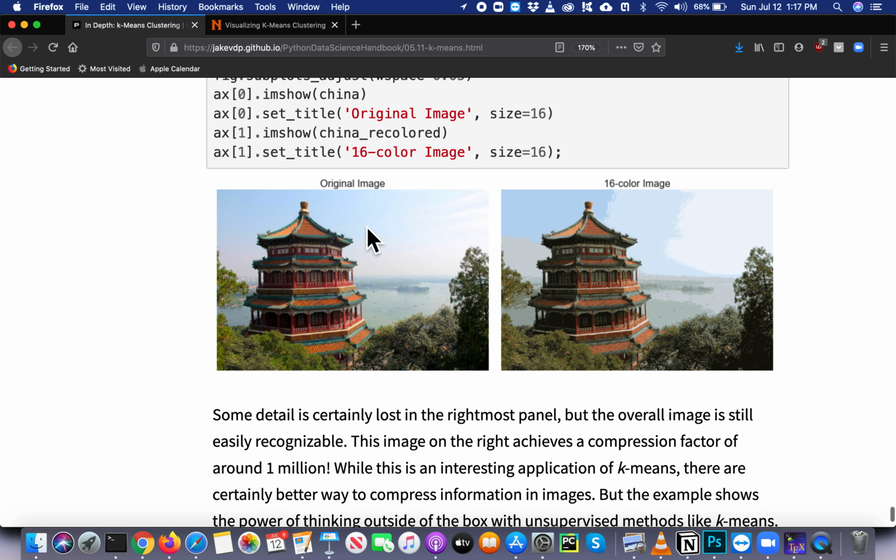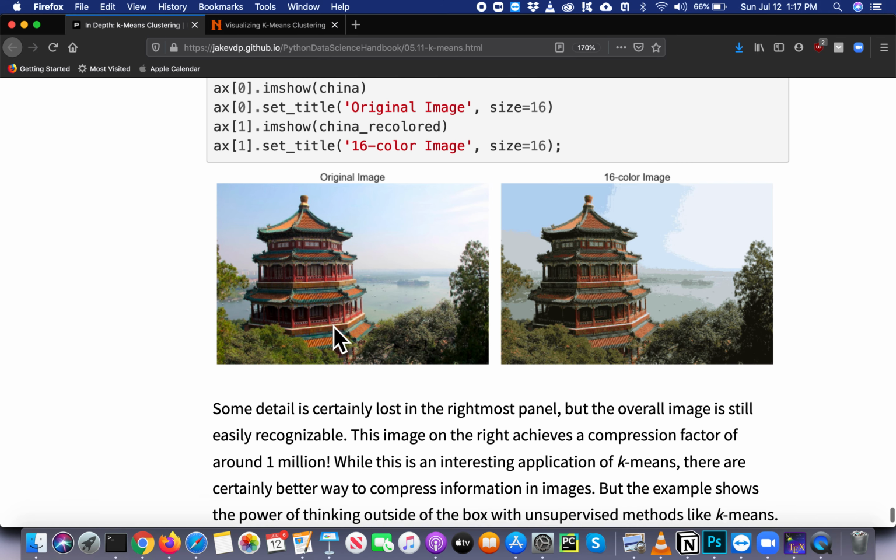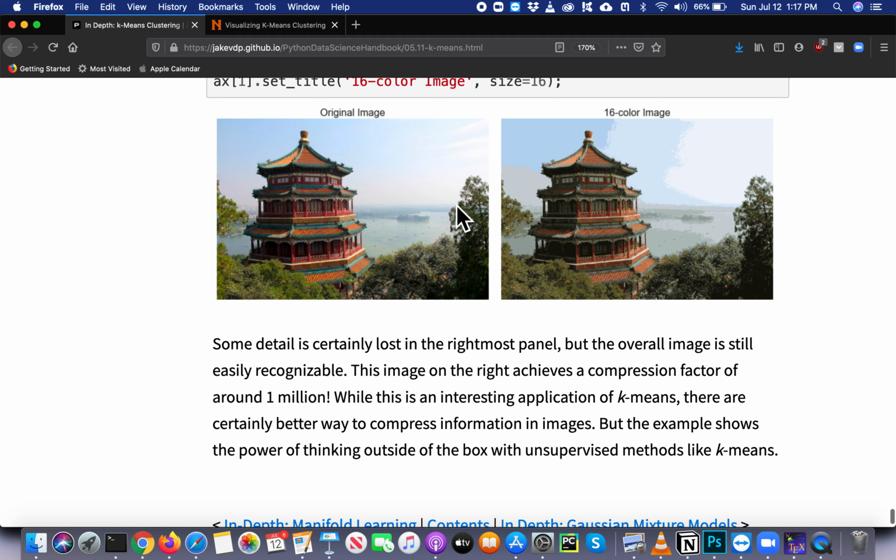Right, so this is the original image, which consists of a lot of colors, right? But here what we have done is some amount of color quantization, or we have effectively used 16 clusters on the set of colors in this image. So think of this as you have this original image, which consists of 427 rows, 640 columns.